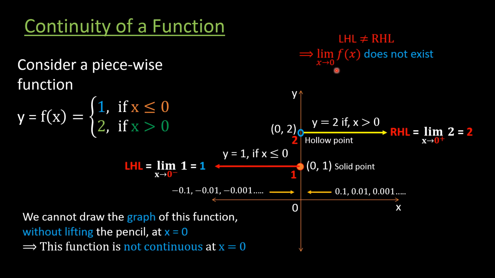So when the limit of a function does not exist, the function is not continuous at that point, in this case at x equals 0.